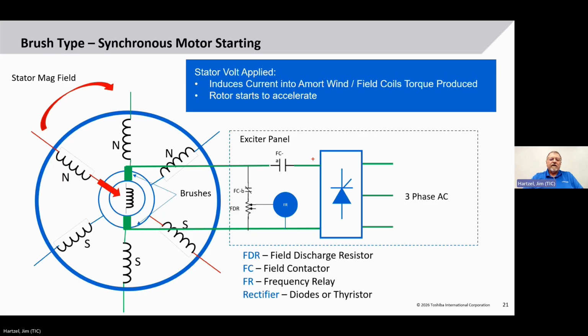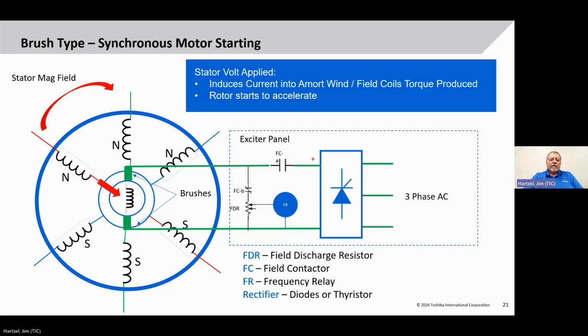It also has a couple contacts marked FC. This is the field contactor. It's a large DC contactor, and it has a normally closed and a normally open. We also have a three-phase bridge here made up of SCRs so that we can control how much DC is produced.